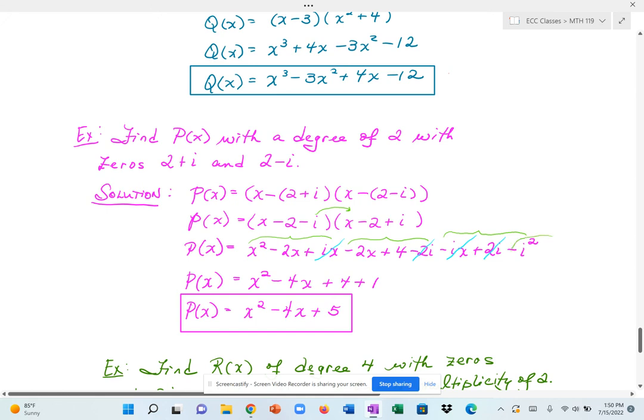I also replace the i squared with -1, so it becomes minus -1, which is 1 on the next line. And then the last step is just to combine the constants 4 and 1. So the polynomial with those two zeros is x squared minus 4x plus 5. And if you were to solve this with the quadratic formula, you would get this answer.